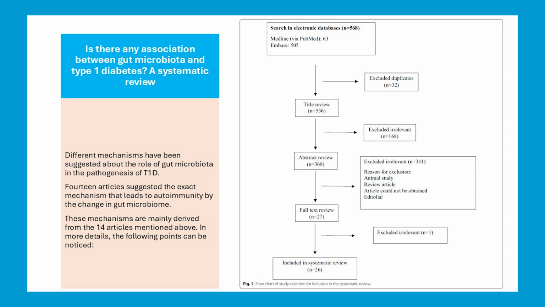This protein modulates intercellular junctions and macromolecular passage through them. Some bacterial groups can alter mucosal integrity by affecting zonulin. Increase in Bacteroides species and Veillonella species, or decrease in Faecalibacterium species and Roseburia species, correlates with increased serum zonulin levels in type 1 diabetes patients.